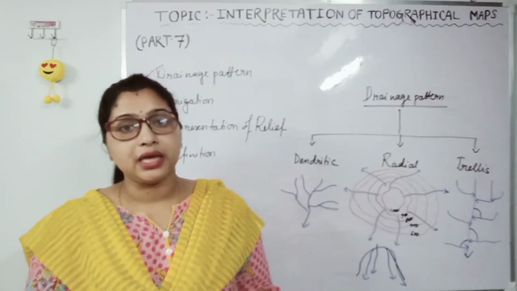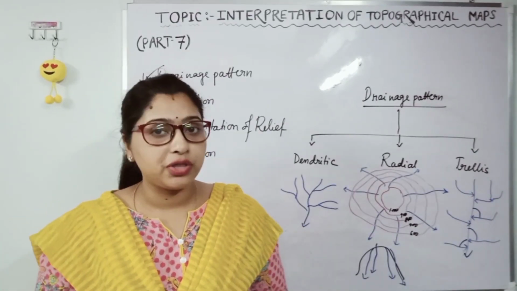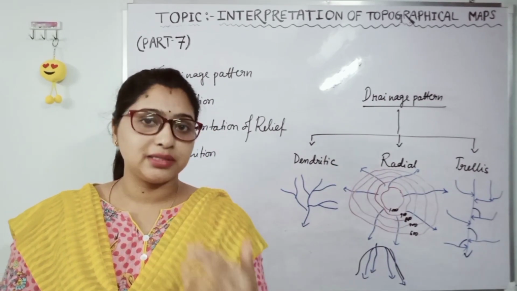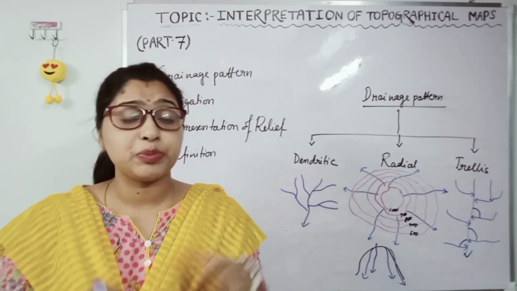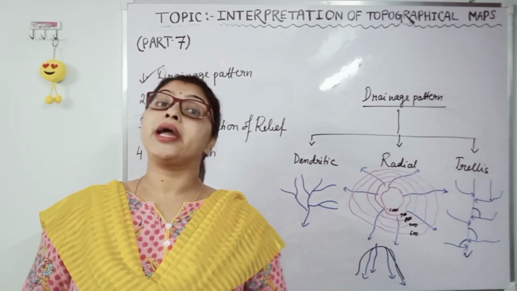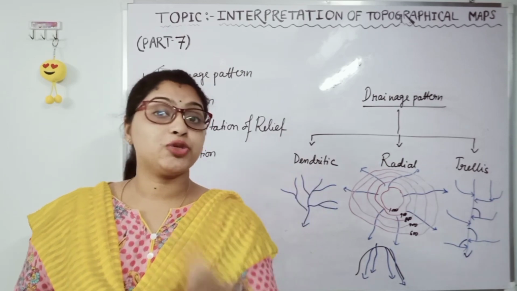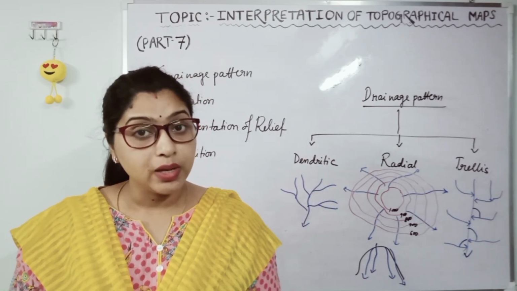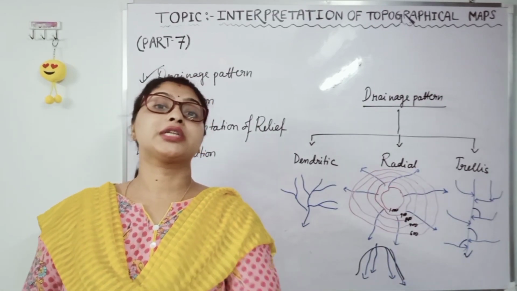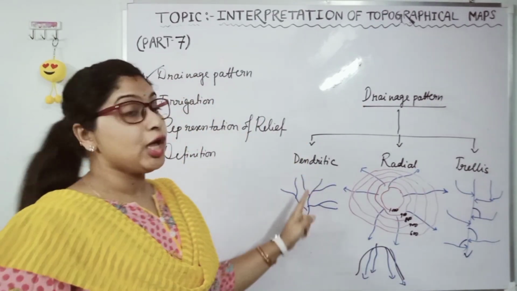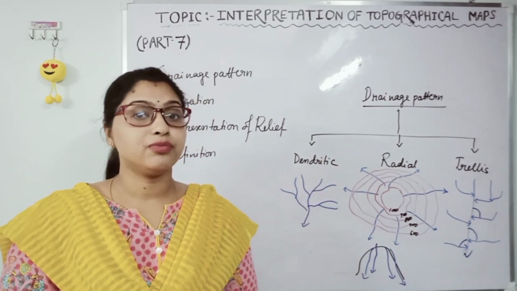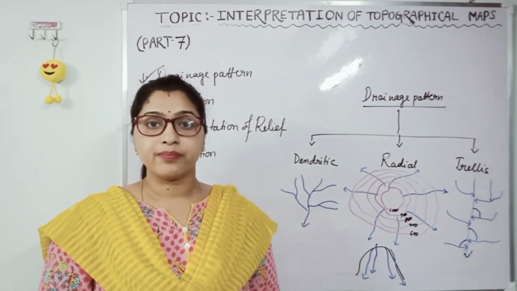An area will be given to you with eastings and northings, from these eastings to those eastings and those northings to those northings, and it will be asked what kind of drainage pattern we see there. A 4-figure grid reference will be given to you, and then you will be asked what kind of drainage pattern is there. You have to find out these 3 drainage patterns within the given area.